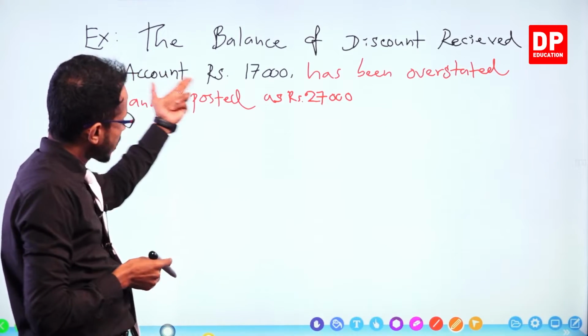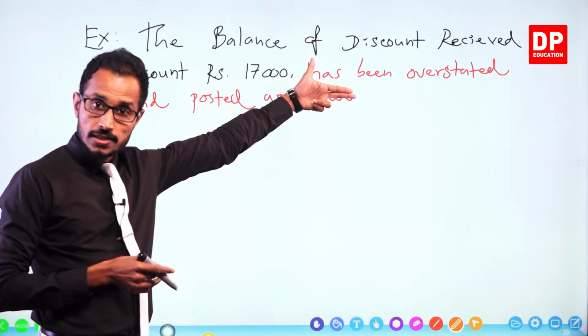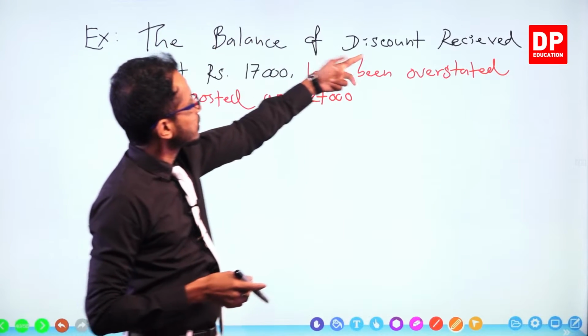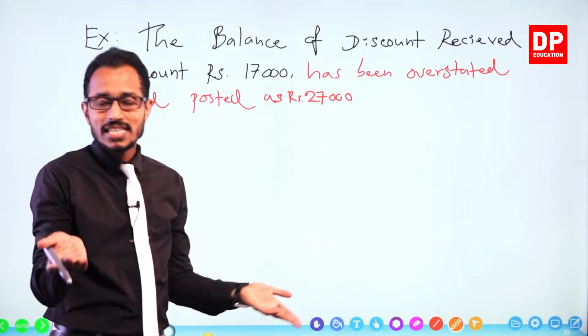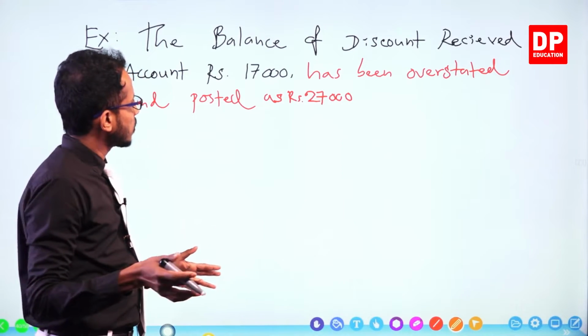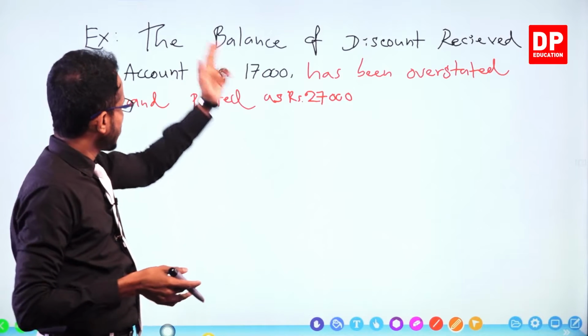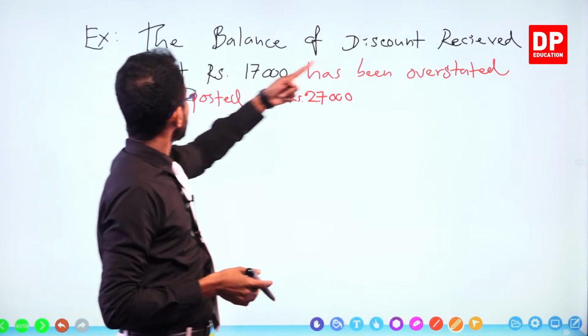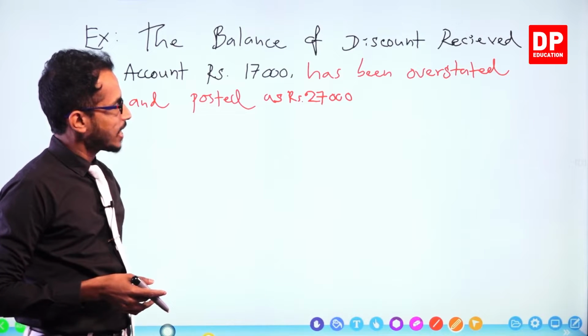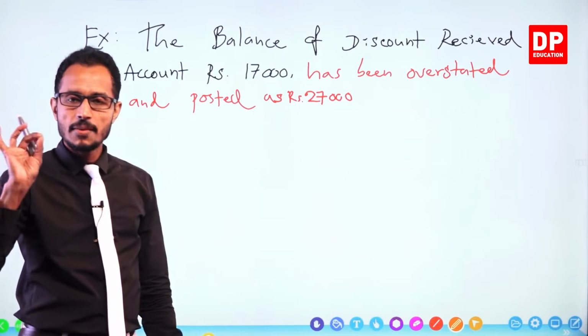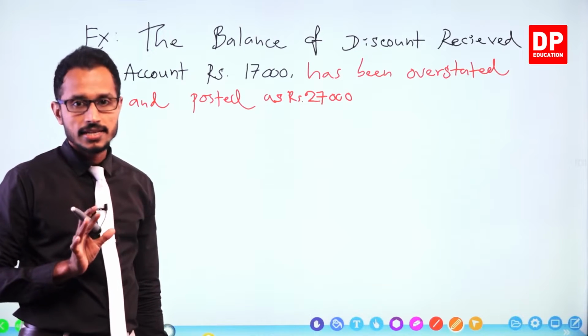Now the transaction here is in black color. Balance of discount received account rupees 17,000. That is actually not a transaction, that is an event. Identify the event or the transaction. This event is the discount received account balance 17,000. And you must identify the double entry or how to correctly enter this.